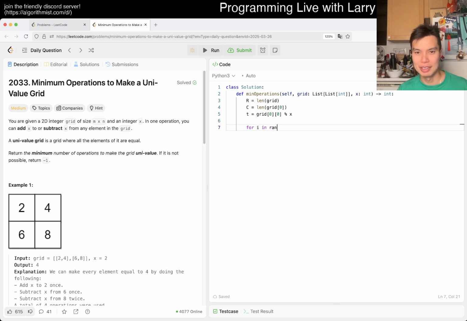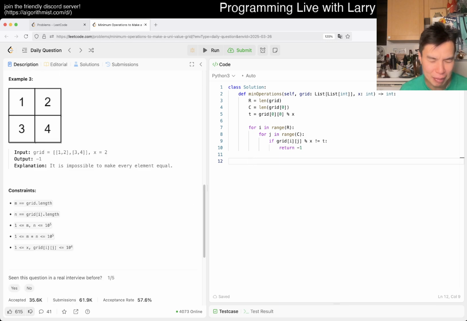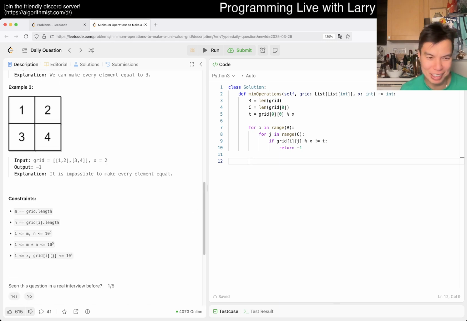Okay, fine. So if grid of ij mod x is not equal to t, then we return -1, because as I said, we can't go to all of them. X cannot be 0, because you can't mod by 0, or I mean, it would just give you an error.